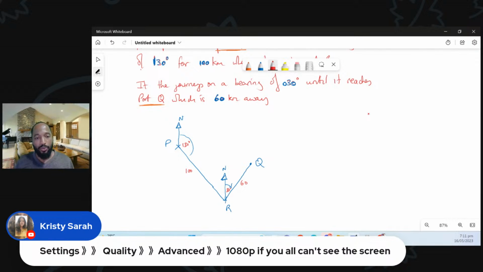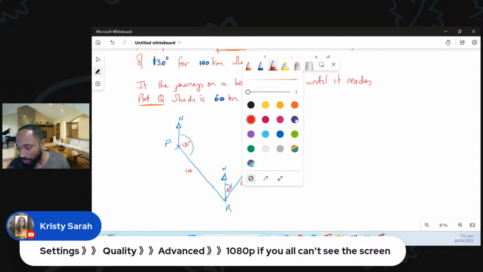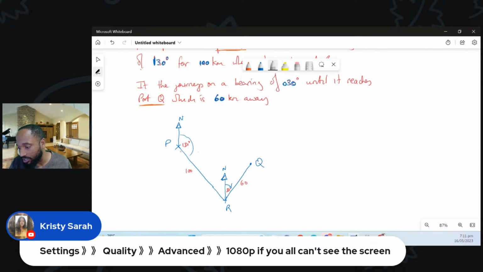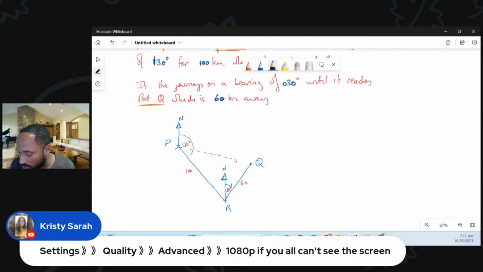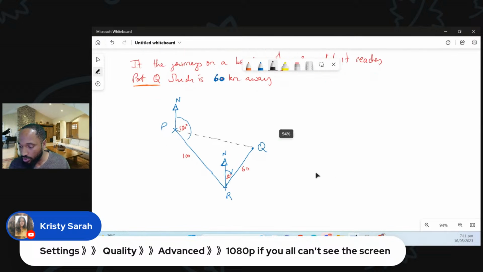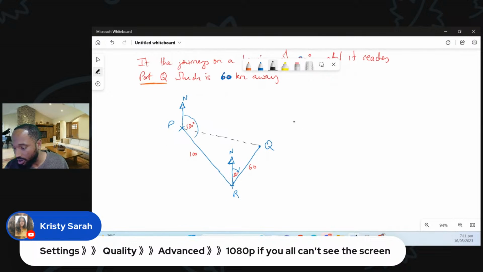So let's say you came up with this diagram, or maybe they gave you a sketch of this diagram and told you to put in the measurements, which is more likely because the math paper is kind of tight these days. There's not much space for them to be creative and make you do a whole question from scratch. And then they ask you to find the value of angle PRQ. So that's part 1.